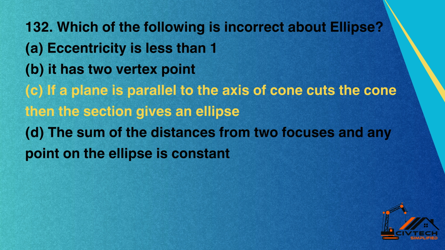B. It has 2 vertex points. C. If a plane is parallel to the axis of cone cuts the cone, then the section gives an ellipse.